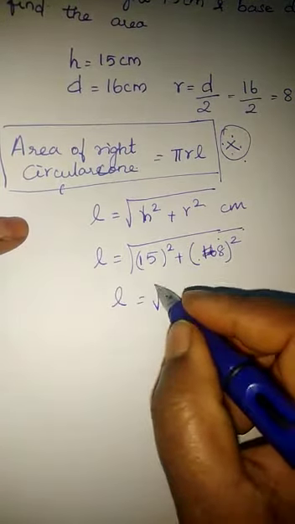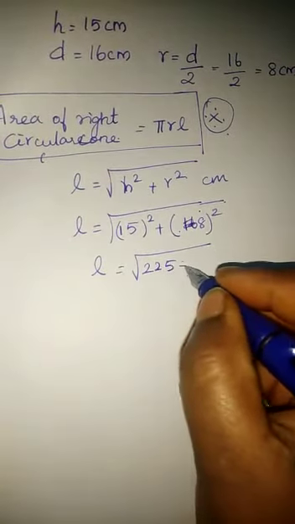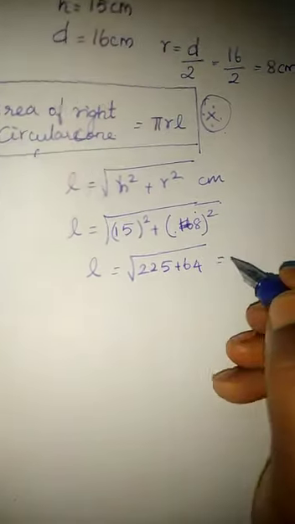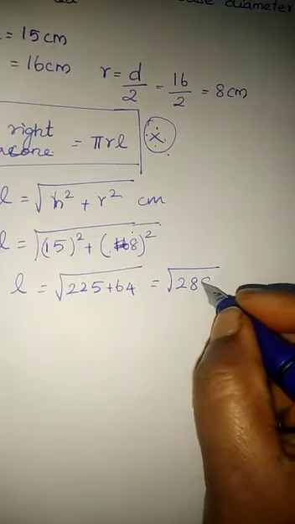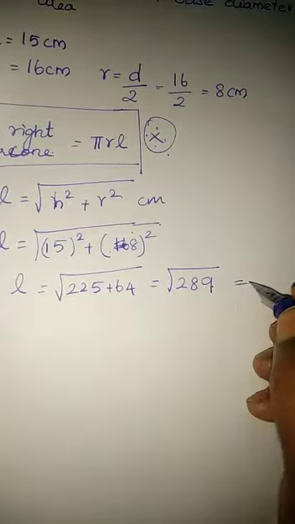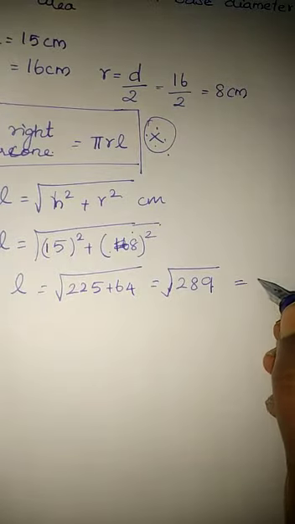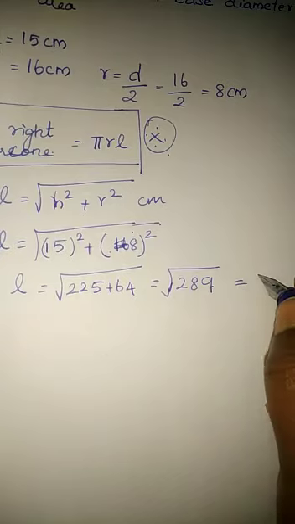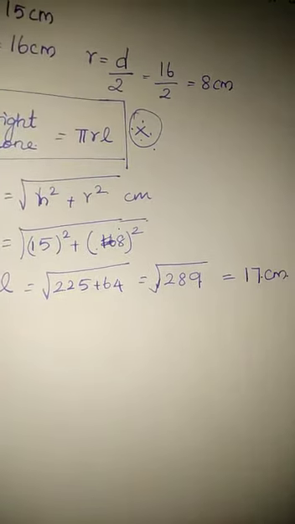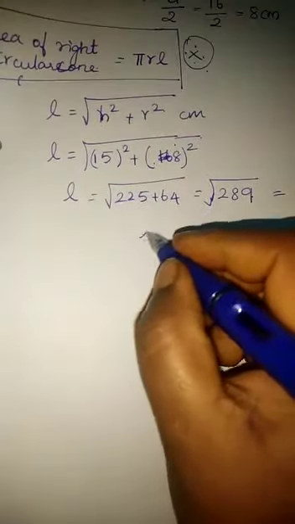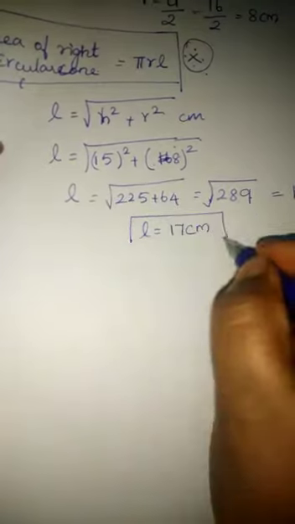Therefore l equals root of 225 plus 64, which is root of 289. If we take the square root of 289, what comes? Yes, 17 centimeter. Hence we found the length equal to 17 centimeter.